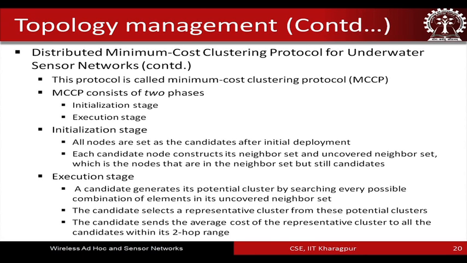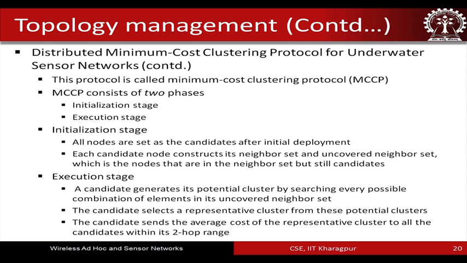In the initialization phase, as the name suggests, it talks about the initial deployment of the different nodes, and each candidate node, after deployment, constructs the neighbor set and the uncovered neighbor set, which is the nodes that are in the neighbor set but still are candidates.